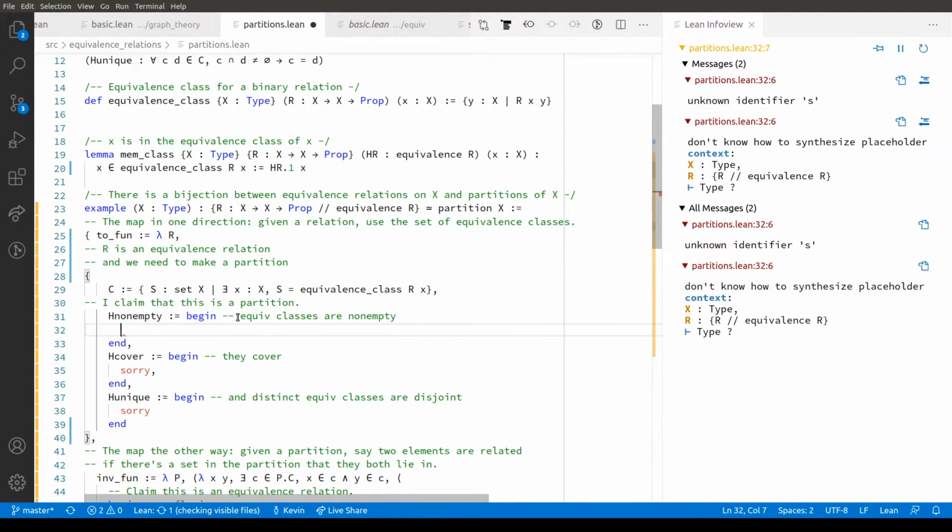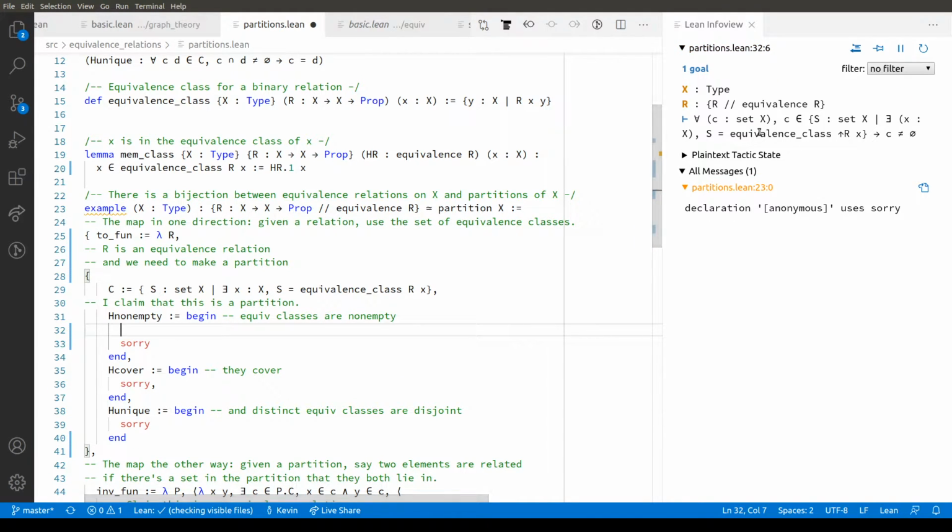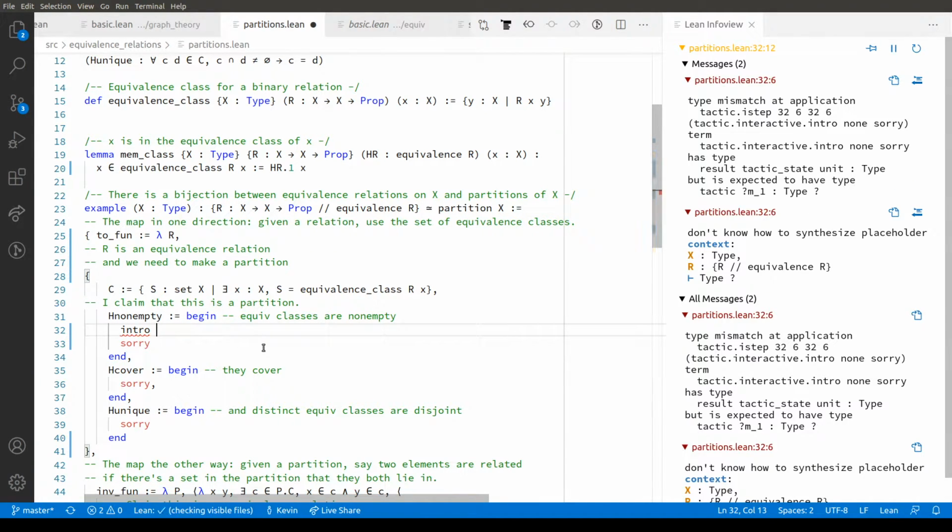So now what have we got to do here? We've got to prove some theorems, right? And this first theorem here, we've got to prove that every subset which is an equivalence class is non-empty. So let's do intro. What are these blocks? Let's call it B, okay, B is going to be a block.